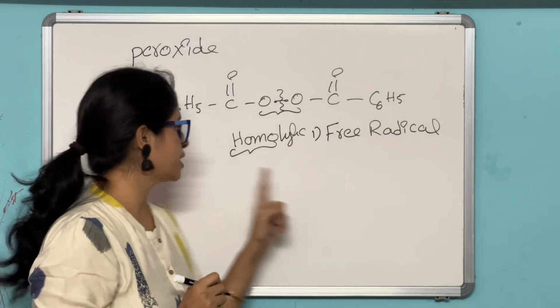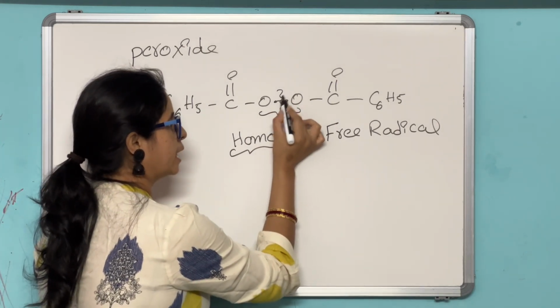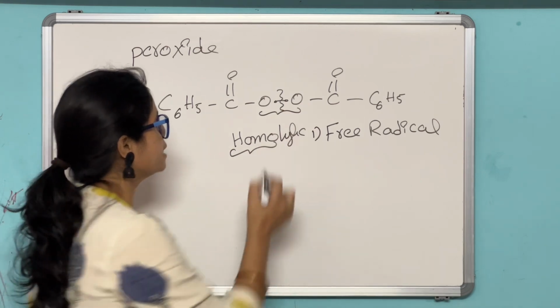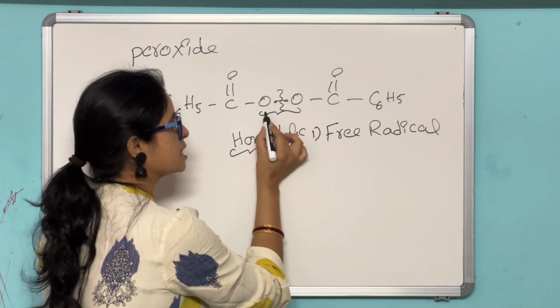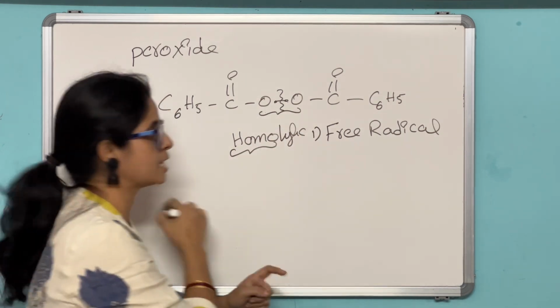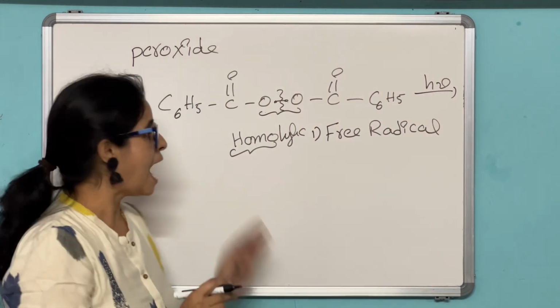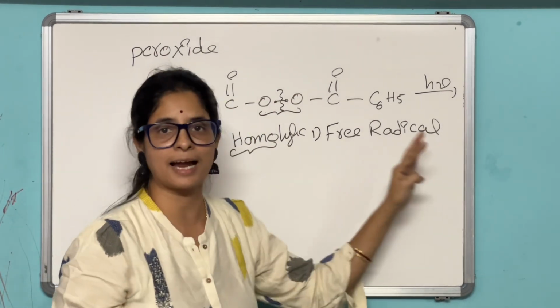Lytic means cleavage. Homolytic cleavage. So if you break a bond between these two oxygens, this bond pair of electrons is equally shared between these two oxygens. This takes place in presence of a peroxide, and this peroxide effect takes place through the free radical mechanism.